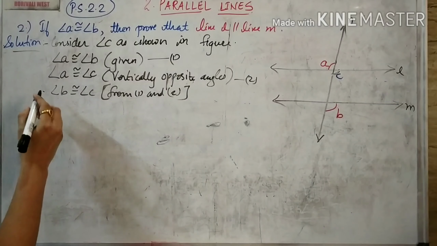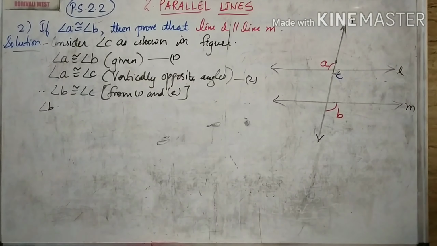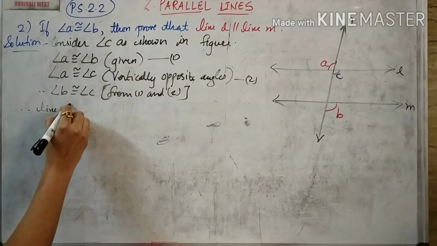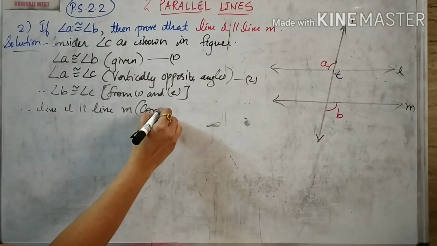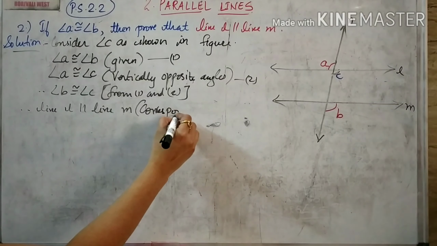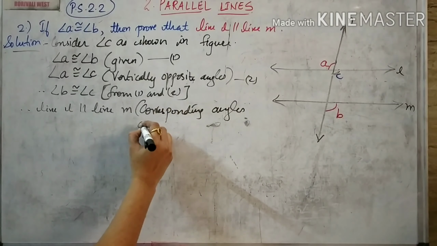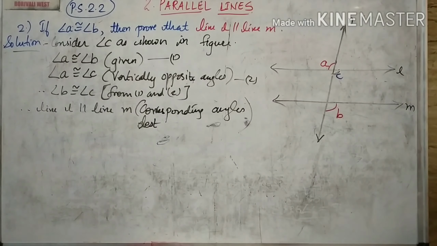So I will say therefore line L is parallel to line M. The reason will be corresponding angle test. Yes. Now we'll look at the third one.